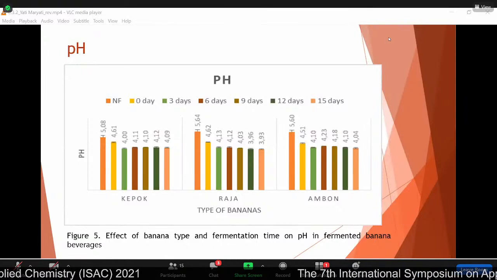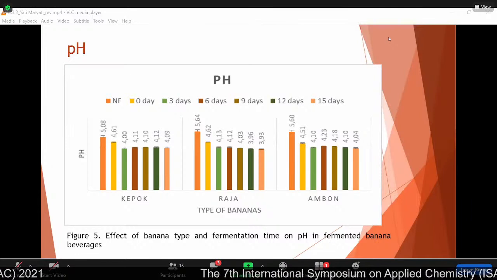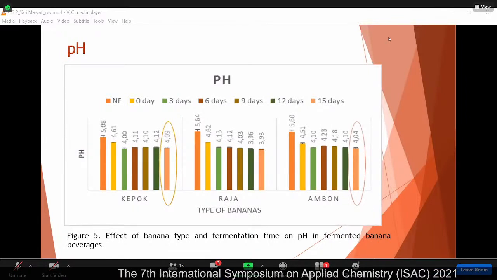The following shows pH measurement and acidity. During the fermentation process, the pH value tends to decrease. The highest pH value was obtained at the beginning of the fermentation, then continued to decrease, with the highest acid in the type of Raja banana, followed by the Ambon banana and Kepok banana.